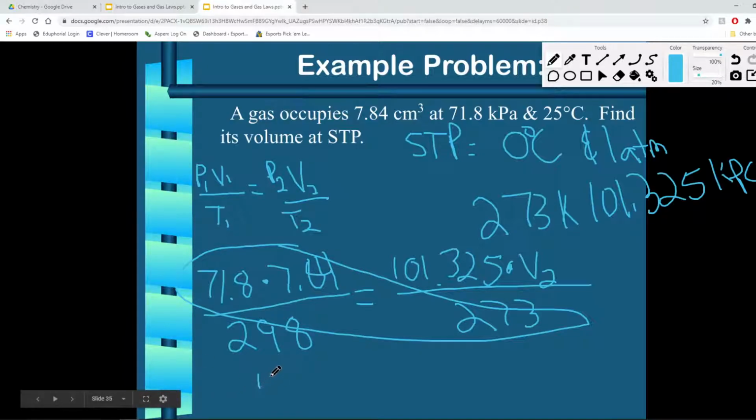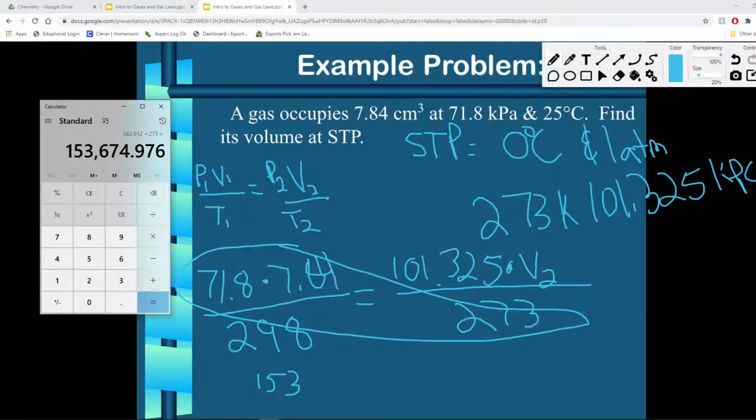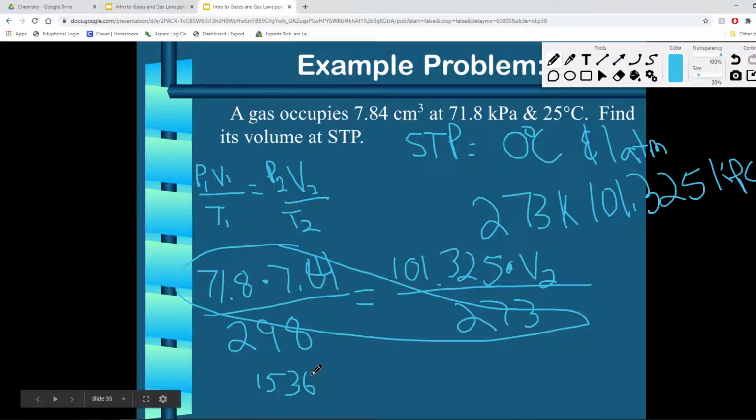Comes out as 153,674.98. And we're going to say that's equal to 298 times 101.325 times V2.